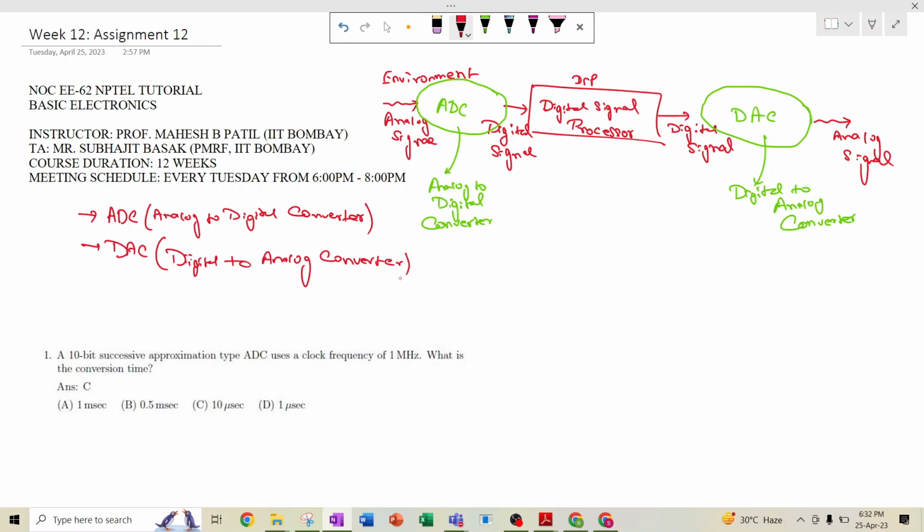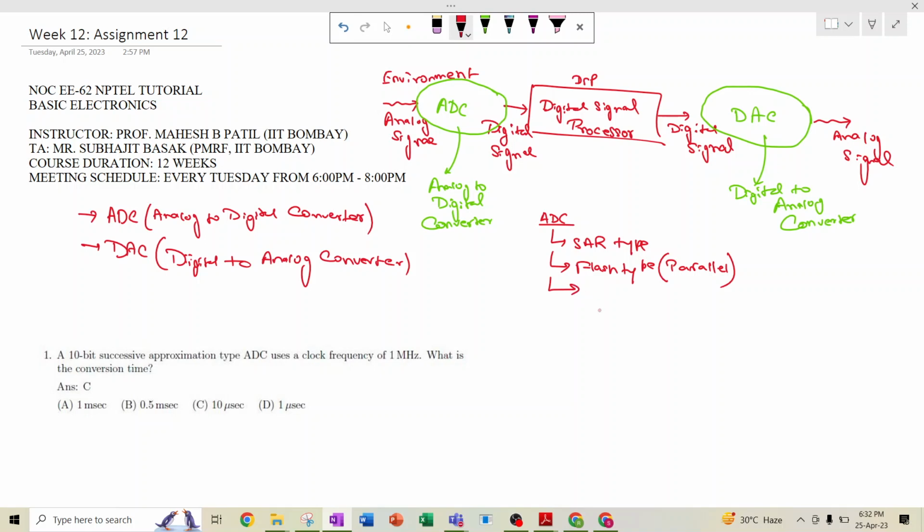So there are several types of DAC and ADC. For the ADC, we have the successive approximation type ADC, and then we have the flash type ADC, which is known as parallel, so it will process parallelly.